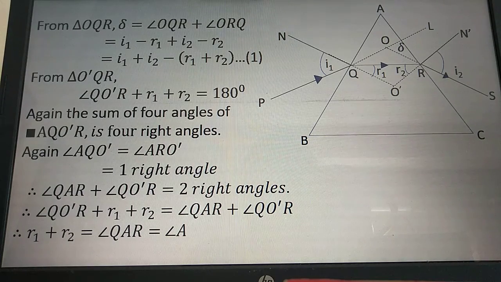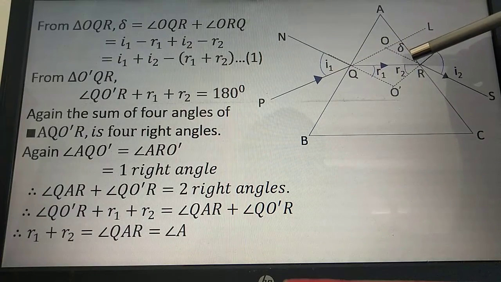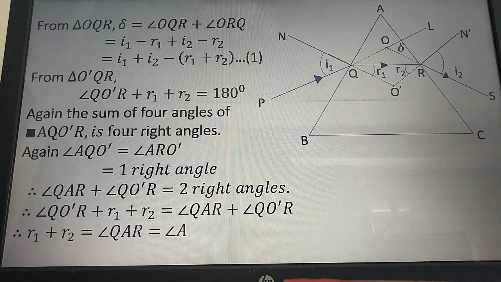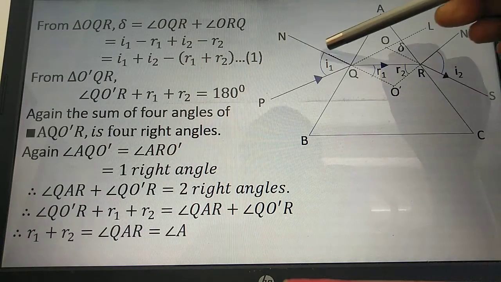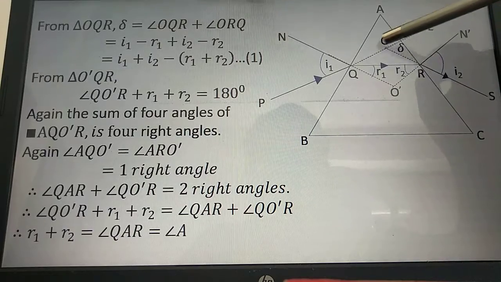Here OQR and ORQ are the two interior far angles. Instead of OQR, we can write I1 minus R1, because we know that this total angle is I1.